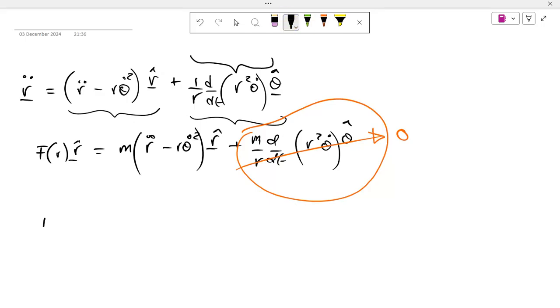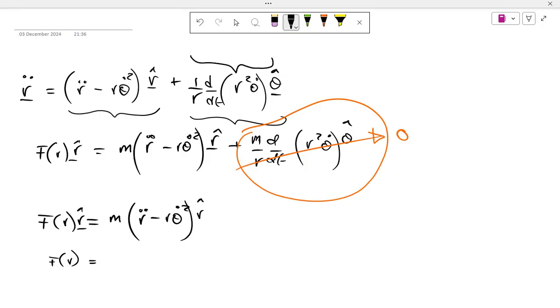We can write the resulting radial force as f of r, we should really have an r hat in there, and that's equal to m r double dot minus r theta dot squared, r hat, on its own.